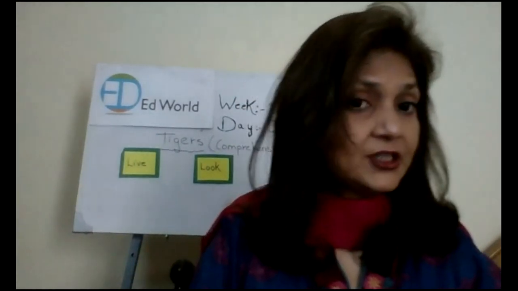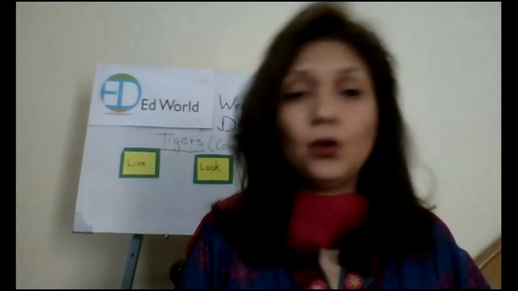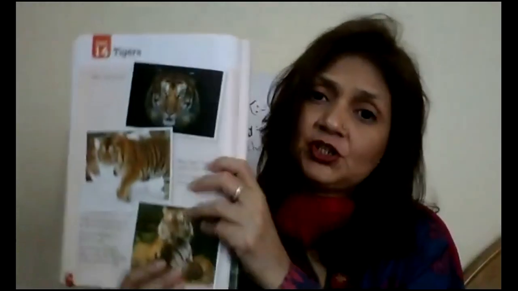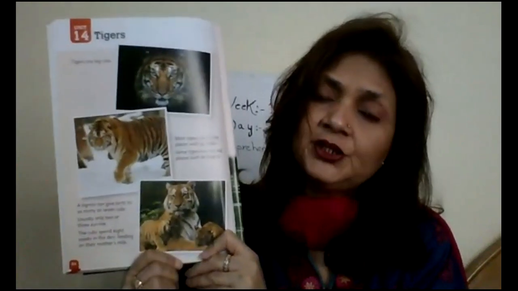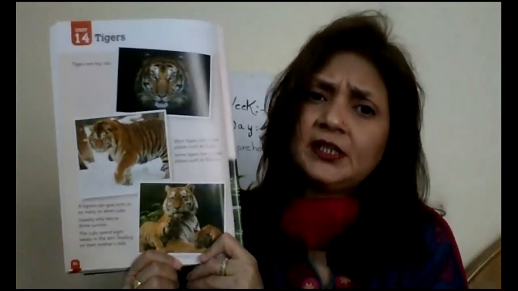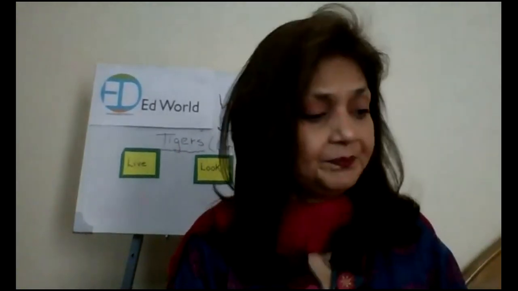You got it? Yes, class? That's great. Now I want you all to open page 84 of your book. Here you will find all the different information about the tigers, right? Now, can I start reading? Okay. Now pay attention and listen.